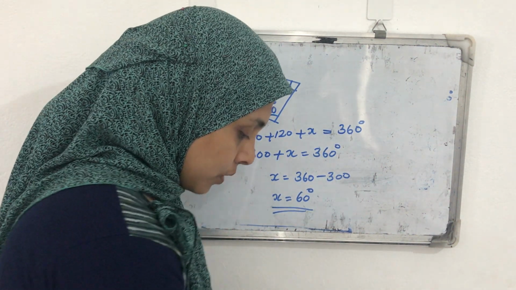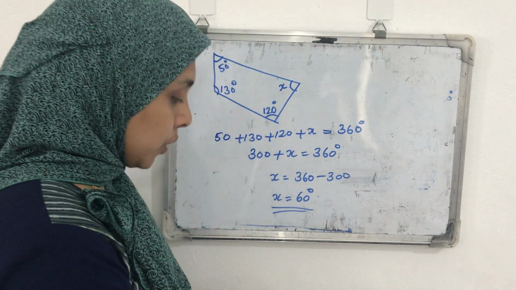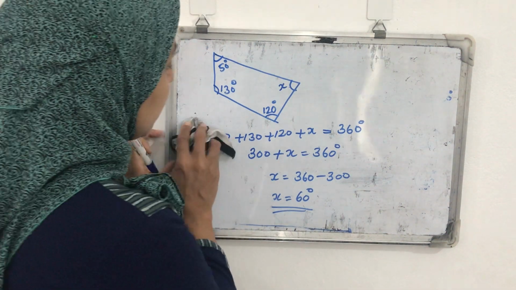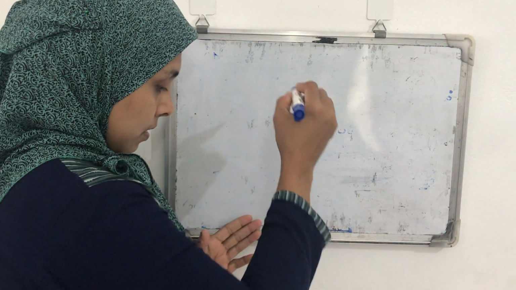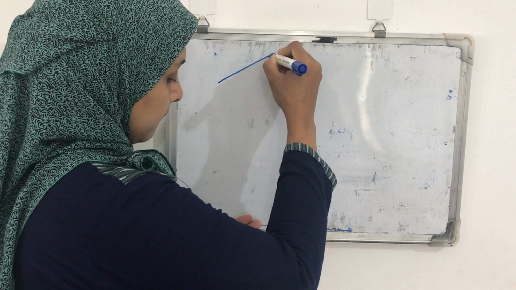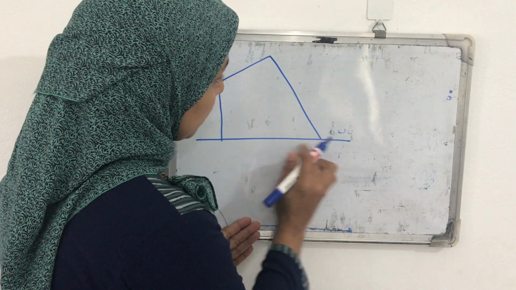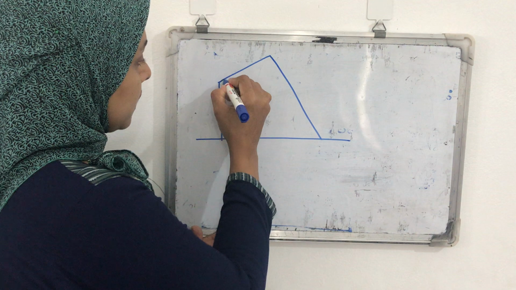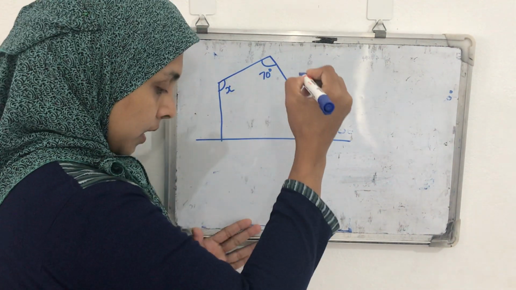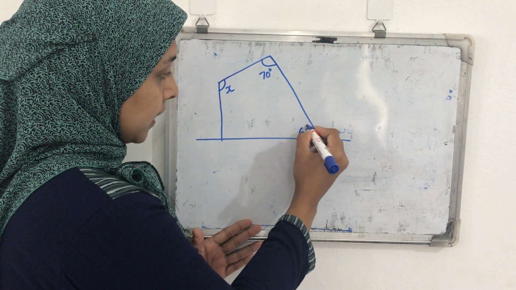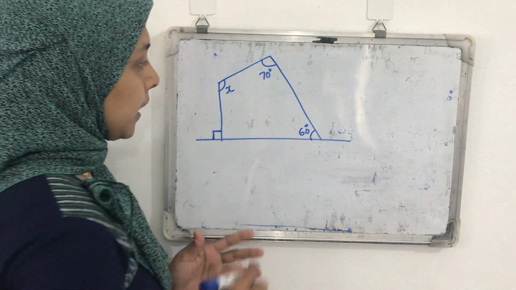Now the second question, question 2 from the same exercise, question B. The figure is this. It is given here, this angle is x, this angle is 70 degrees, this is 60 degrees, and here it is a right angle, 90 degrees.